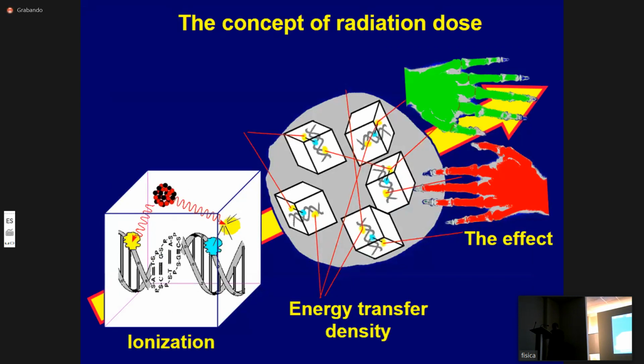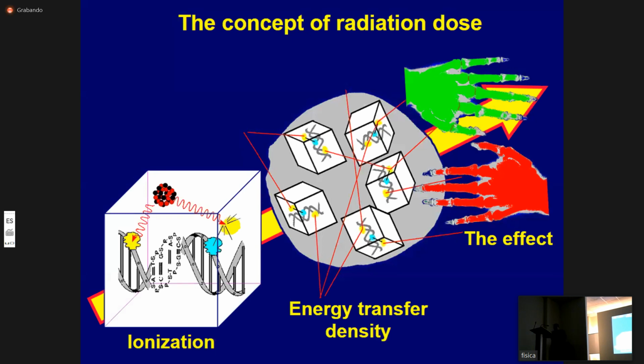The concept of ionizing radiation dose is that the effects of radiation are related to a couple of important topics. First of all, the energy absorbed in a unit mass of biological tissue in the form of ionization and excitation of atoms and molecules.